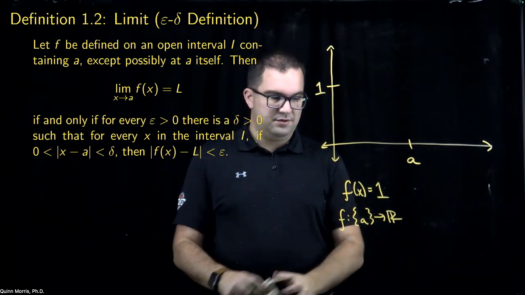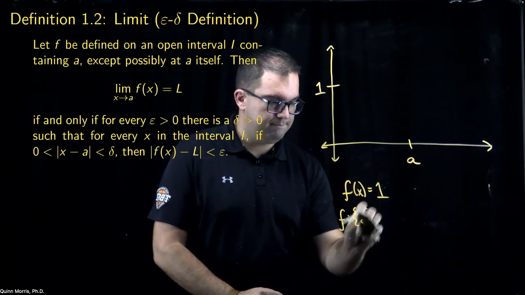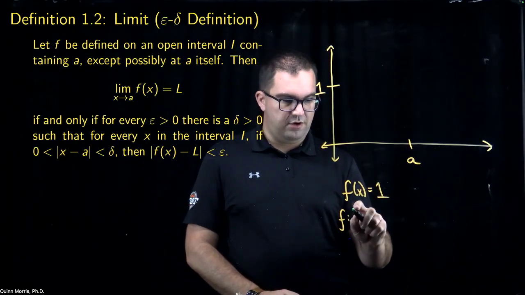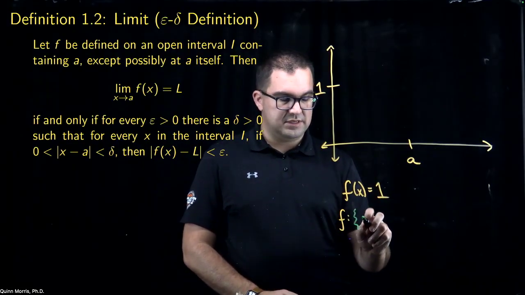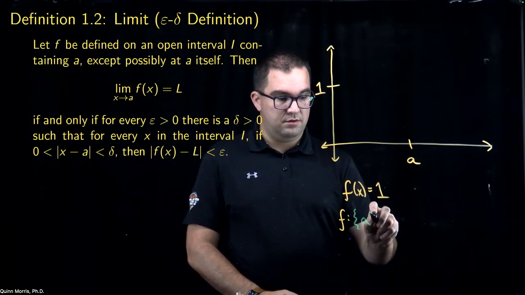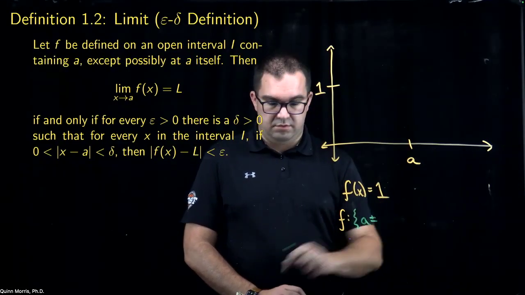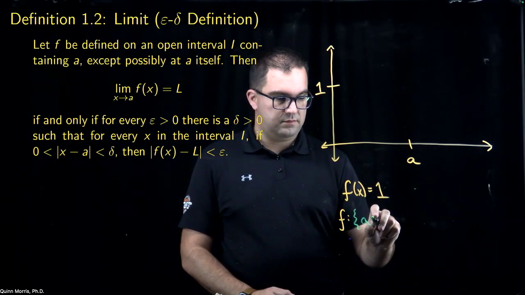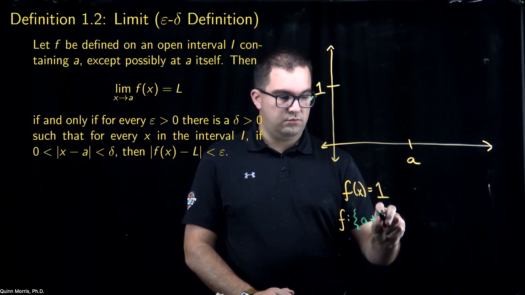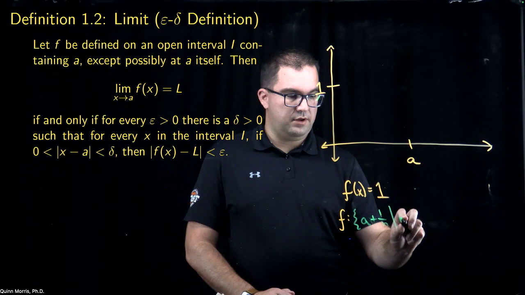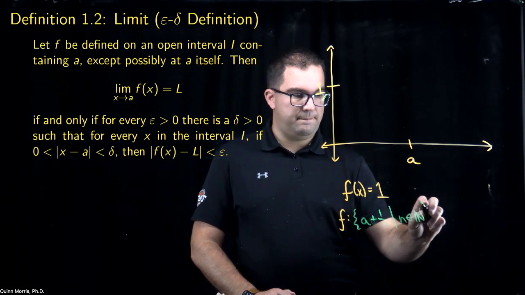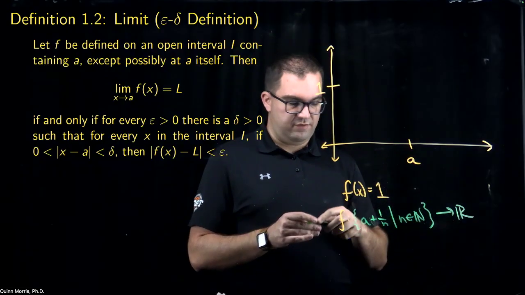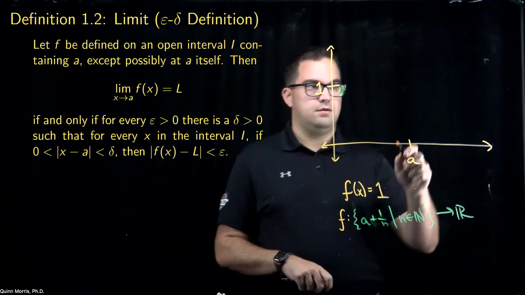What if I expand the domain of this function and say this is going to be a function from the set a plus 1 over n, where n is a natural number, into R. Now, all the function values are still 1.